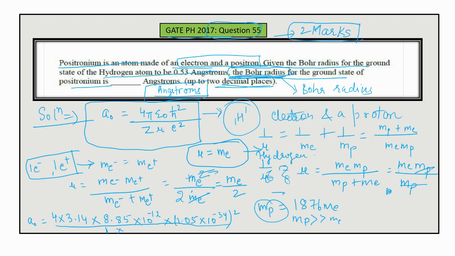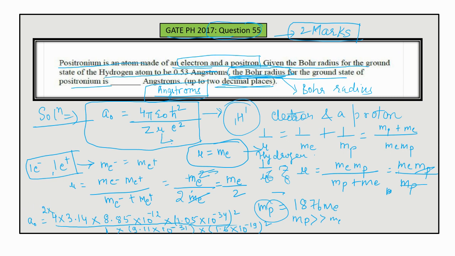Z is 1, and mu is me by 2. You know me is 9.11 into 10 raised to the power minus 31, into e square. What is the value of e? 1.6 into 10 raised to the power minus 19, whole square.